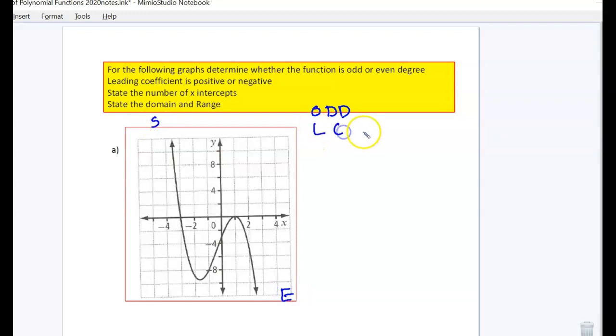We know the leading coefficient is negative because it looks like it follows a path of a line going downhill. All right, the number of x-intercepts in this particular case, there are 2 x-intercepts. And the domain and range, well, the domain is x is an element of the reals, and the range would also be y is an element of the reals.